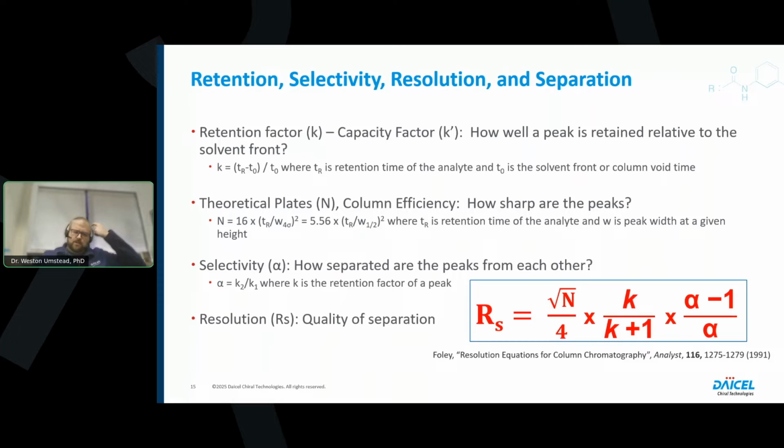Resolution is really the definition as a whole of how good the separation is, including factors like theoretical plate count and retention factor. So the one equation that you'll see used most often is listed here. Rs is the resolution. Then you've got your theoretical plate value, your retention capacity value, and your selectivity value as a way to feed into the overall calculation of resolution.